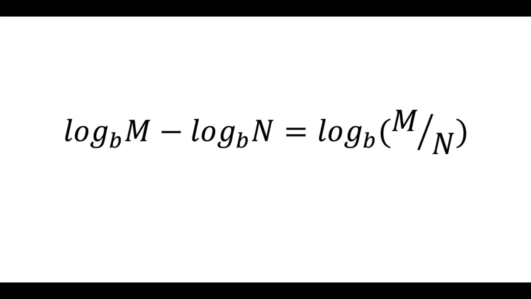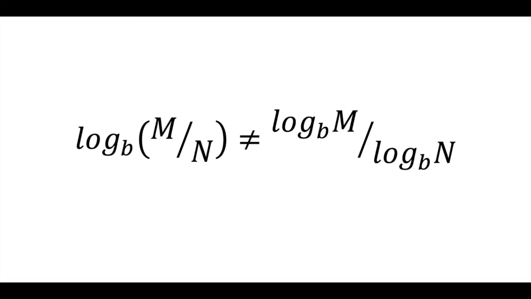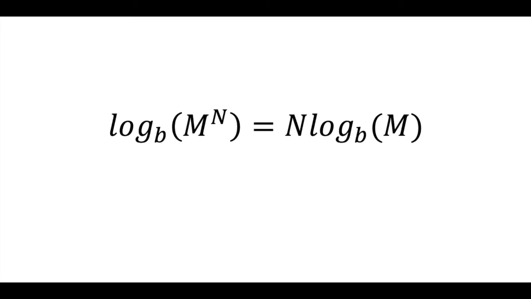Log base b of m minus log base b of n is log base b of m divided by n. Please note that log base b of m divided by n is not log base b of m divided by log base b of n. We'll get to that form shortly. Also, log base b of m to the nth power is equal to n times log base b of m.